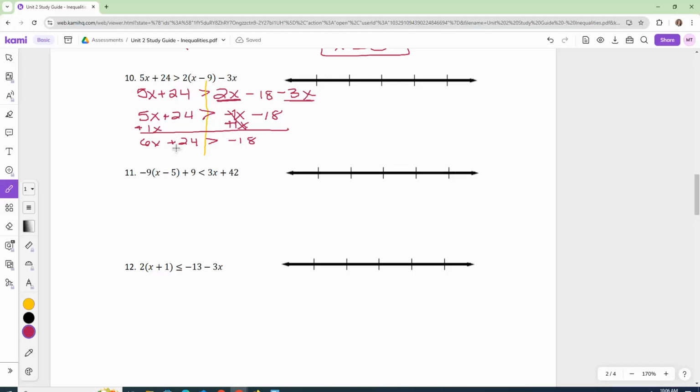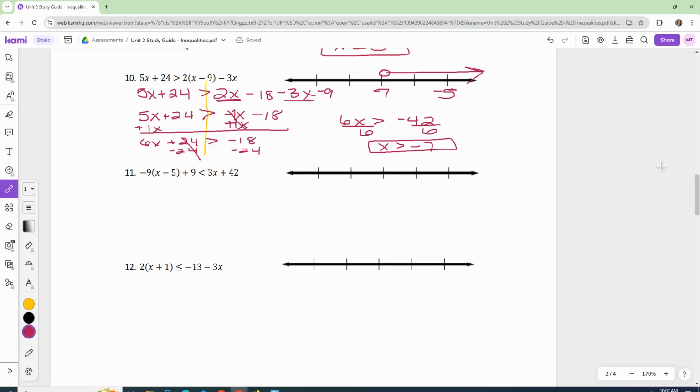How do I move my plus 24 over? So we get 6x is greater than negative 42. When we divide by 6, because 6 is positive, it does not flip. So we get x is greater than negative 7. Will it be open or closed? Open, because there's no equal to, and greater than goes to the right.